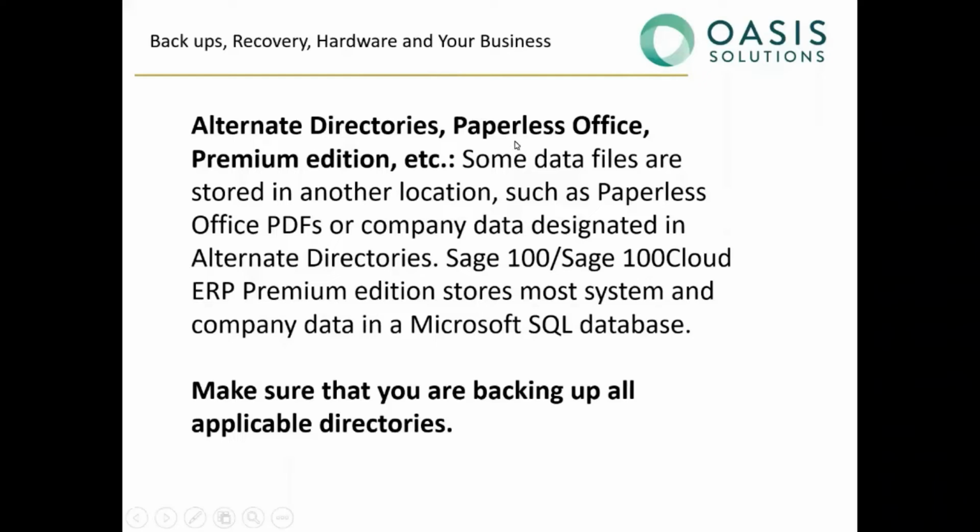Paperless Office, if you're using Paperless Office to store PDFs, you may have them being stored to a local drive or a different place on the server. So you want to make sure that if you are storing data outside of the Mas 90 folder that's related to your Sage 100, you're getting a backup of those as well.